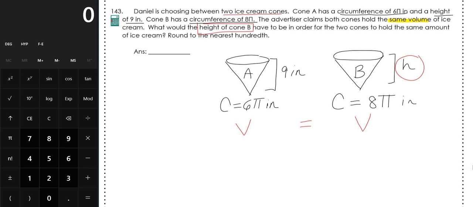So our game plan right now is go ahead and get the volume of cone A, and then once you get the volume, you can set it equal to the volume of cone B, work backwards, and get H. So lots of steps here. First, let's figure out the volume of cone A. Second, it's going to be the same as the volume of cone B. And step 3, we're going to solve for the height.